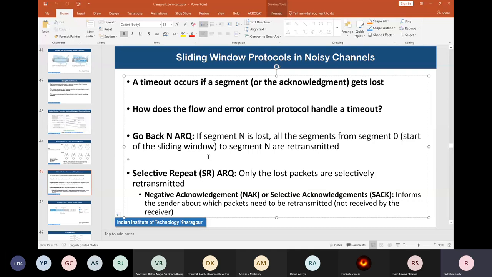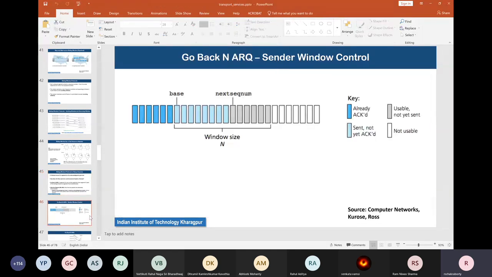First, let us go back N because it is slightly easier to understand. In the go back N ARQ, suppose this is the situation. Suppose the window size is capital N. The base of the window is this currently. The ones shown in dark blue color have already been acknowledged, so they have gone out of the window.